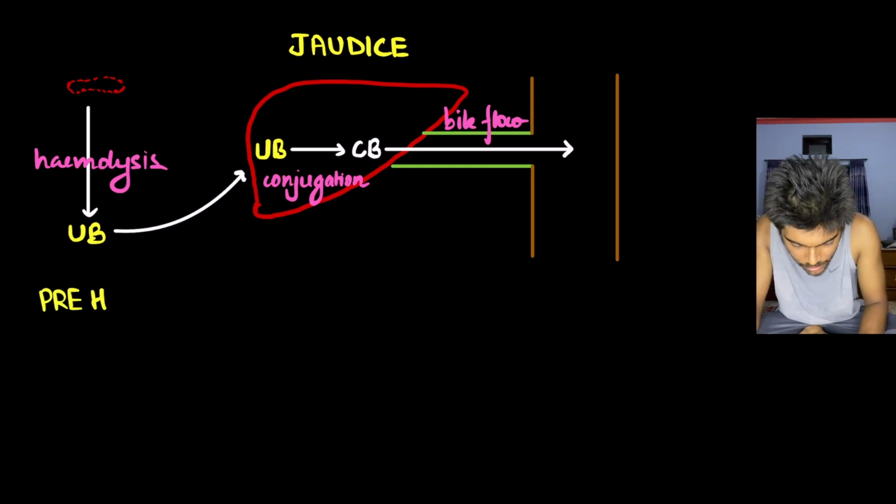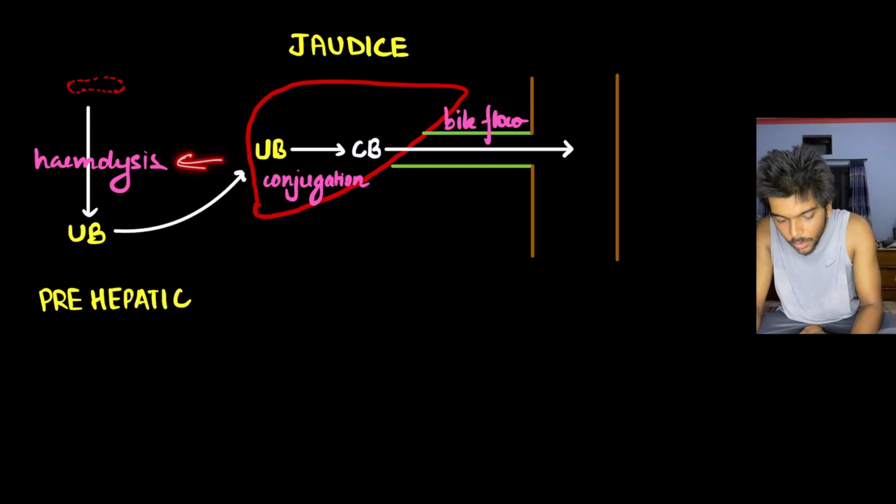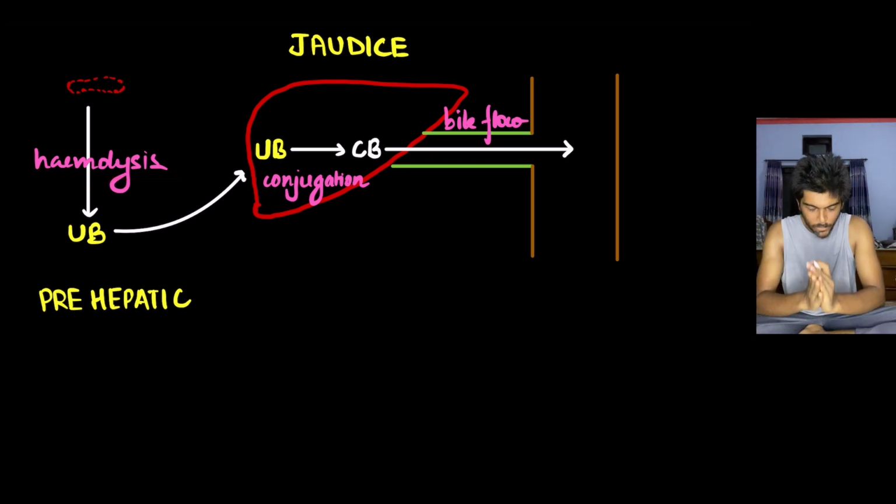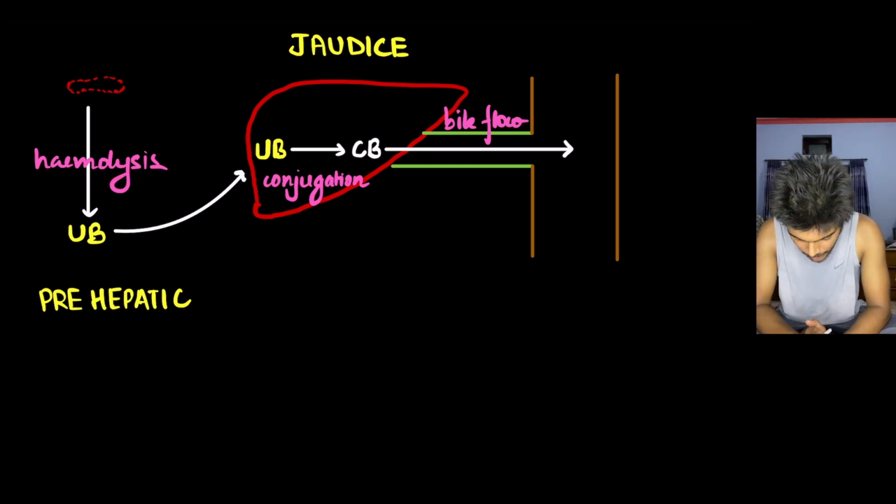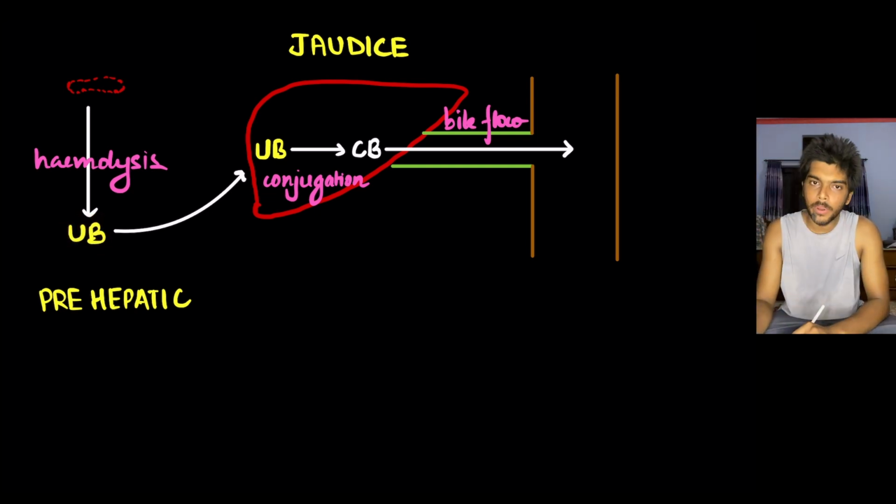So first you have pre-hepatic jaundice, where the pathology is before the liver, in the process of hemolysis. First, RBC containing hemoglobin with heme is broken down by the process of hemolysis into unconjugated bilirubin.